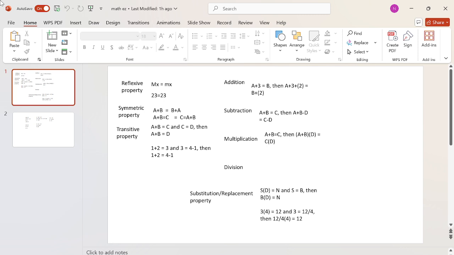Or also here, 1 plus 2 equals 3 and 3 equals 4 minus 1. Since all of them have the same value, you can say 1 plus 2 equals 4 minus 1.